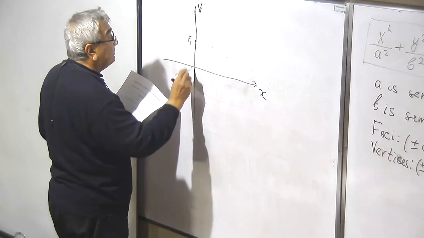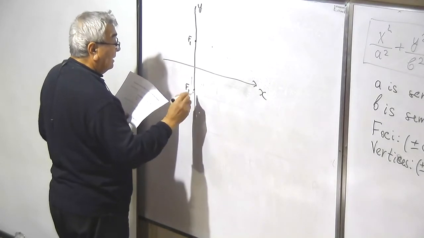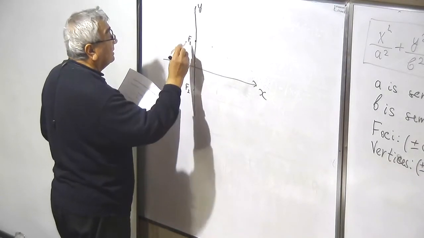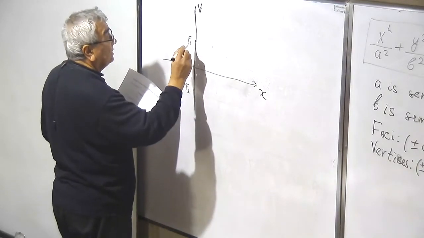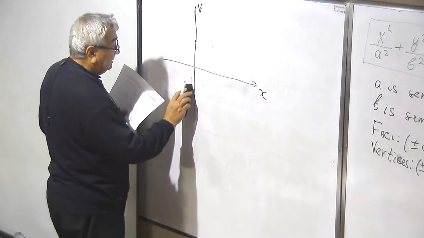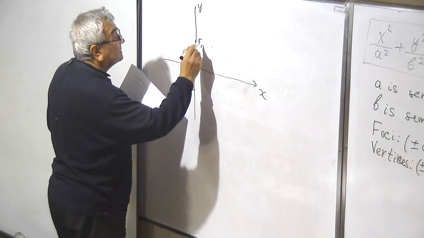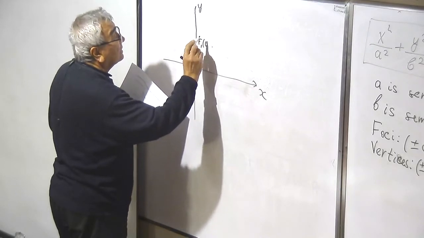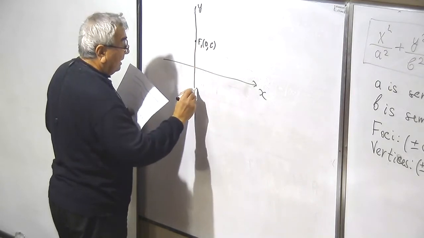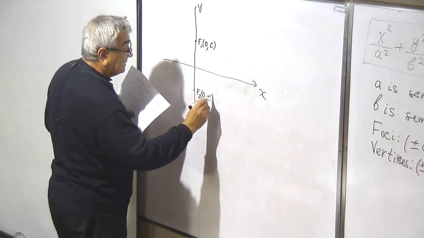The f1 has the coordinate 0, c, and f2 has the coordinate 0, minus c.